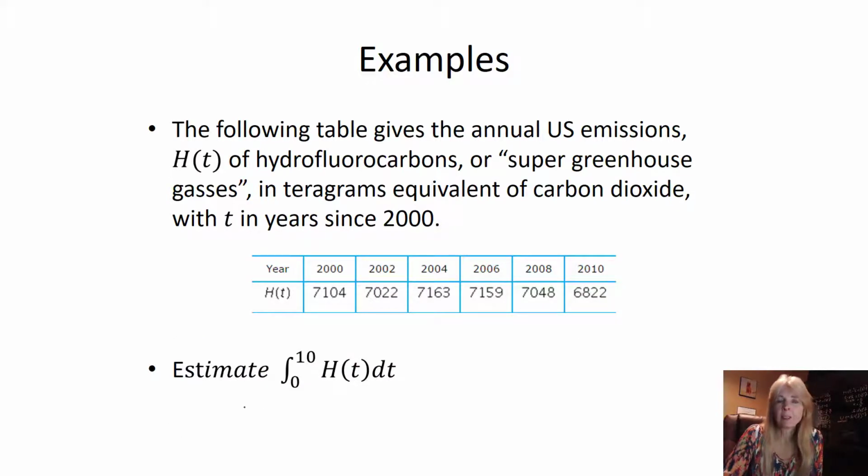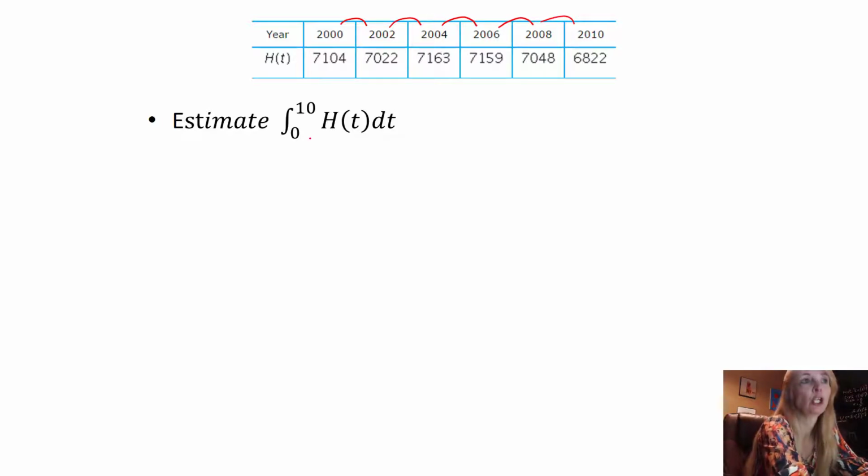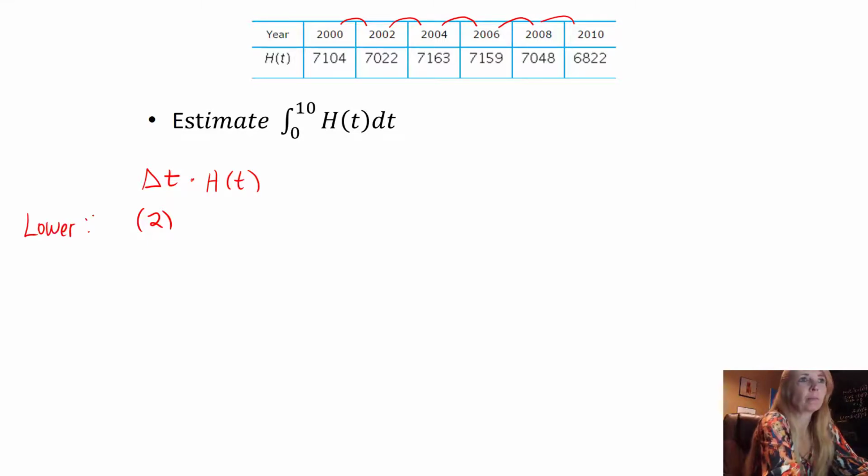If I want to estimate this, and again, I don't have a function yet, then what I would have to do is work with my table. Notice first of all, the change in my time is 2, and then I'm going to multiply this by my function for each value. I can get a lower estimate.